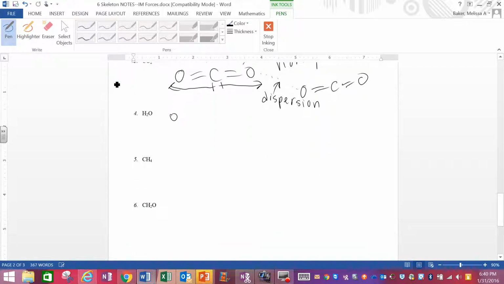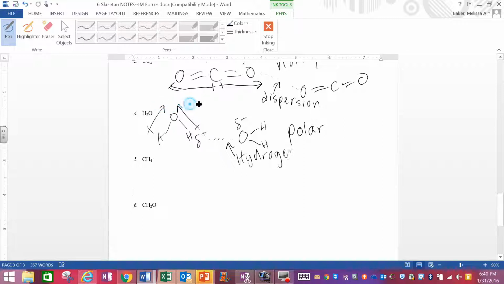H2O, we've already seen an example, but it's such an important one. Let's add it in here again. Extremely polar molecule. Hydrogens have partially positive and the oxygens have partially negative charges. So very polar. Does it have an H bonded to an F, an O, or an N? Yes, it does. So the type of force between these molecules would be hydrogen bonding forces.